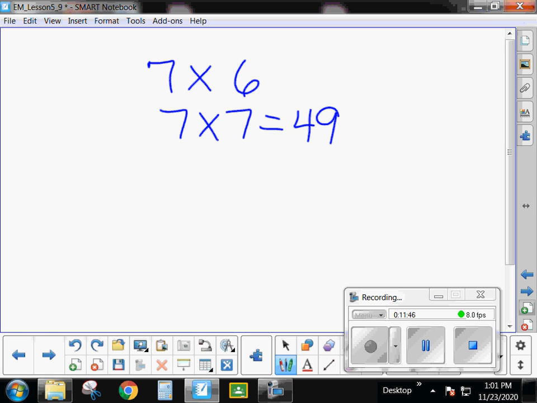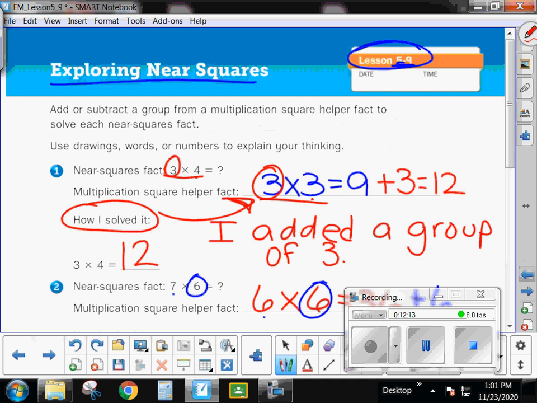Now, in order to get 7 times 6, this is going to be smaller, right? 6 is smaller than 7, so I'm going to have to subtract, which isn't my favorite thing to do. What am I going to have to subtract? Well, there's a 7 in this problem and a 7 in this problem, so I'll need to subtract 7. 49 minus 7 is 42. So, of course, I'm still going to get the same number. It's just I'm going to have to subtract a group instead of add a group.